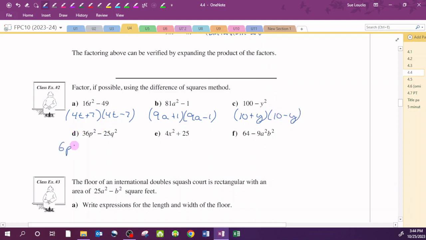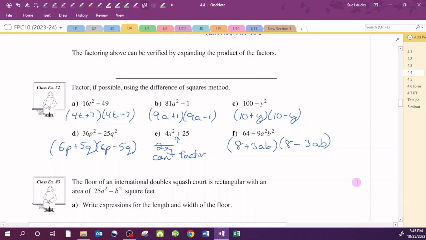This is 6p plus 5q times 6p minus 5q. 2x, oh, can't factor because it's got a plus. Okay, can't do it. And the last example is 8 plus 3ab times 8 minus 3ab.